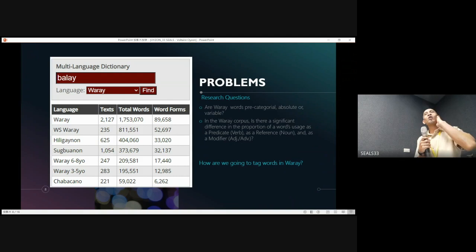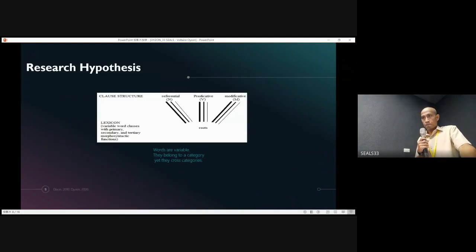Because they don't behave in the canonical scheme 1 of Dixon. Again, this is pedagogical. This is the Waray corpus. I have 1,753,000 plus words there. My research hypothesis is that words are variable in Waray. They belong to a category, yet they cross categories.